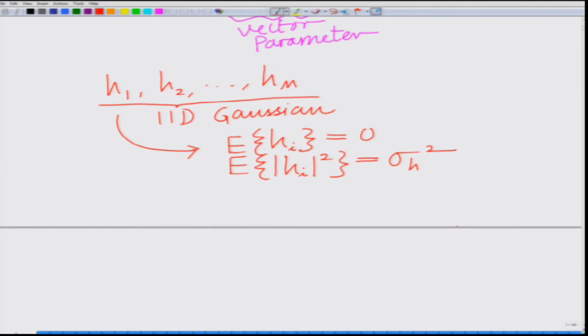Further, they are independent, which means the expected value of h_i into h_j, if they are complex, h_j conjugate, equals 0 if i is not equal to j, okay.